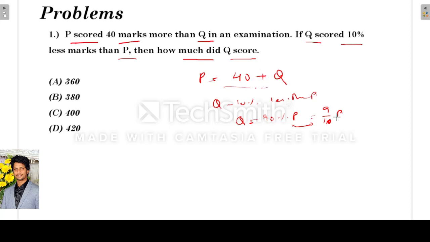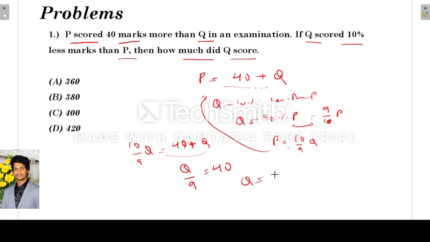So here see, P can be expressed as 10 by 9 into Q, right? So substitute this here. So 10 by 9 Q is equal to 40 plus Q, right? So if we get Q this side, Q by 9 is equal to 40.